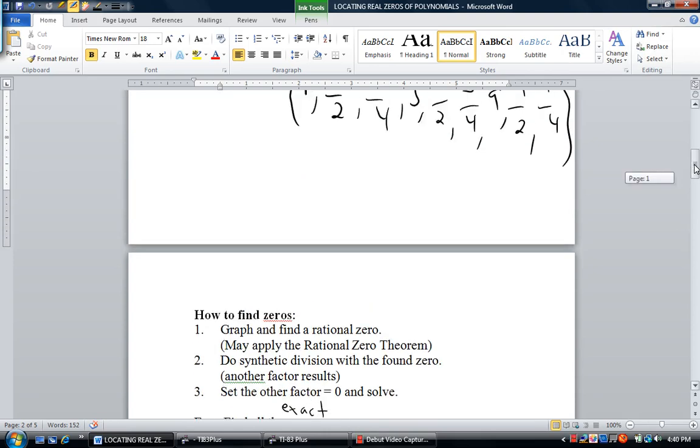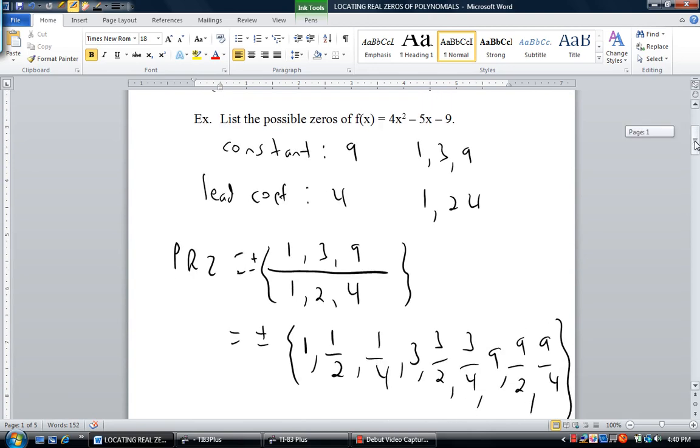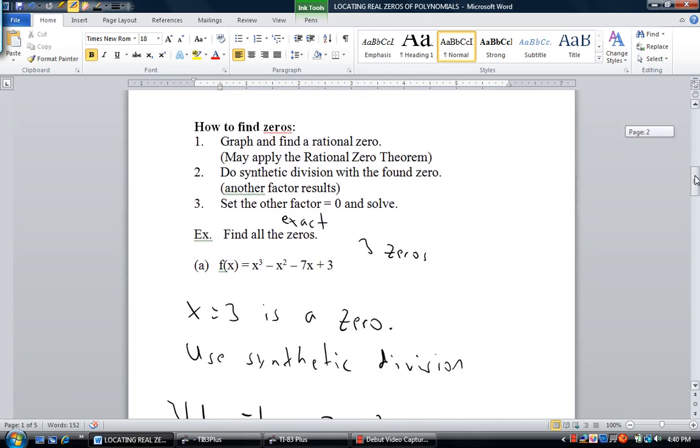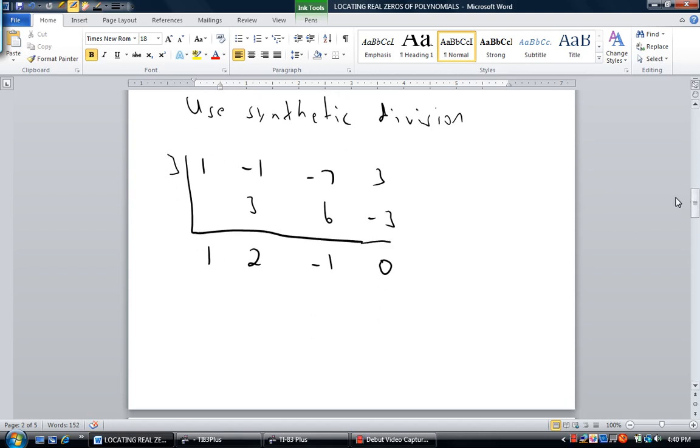Back in the day, I had to test every one of those for this particular problem up here to see if any of those were zeros before I could even do synthetic division. And I could have done synthetic division on all of those before I found one. So with a calculator, you can go immediately to the factor, to the 0.